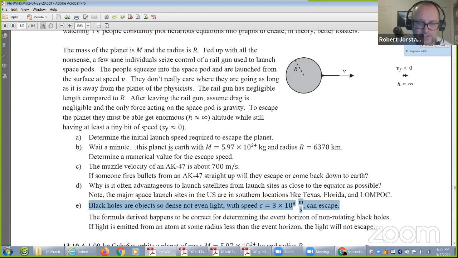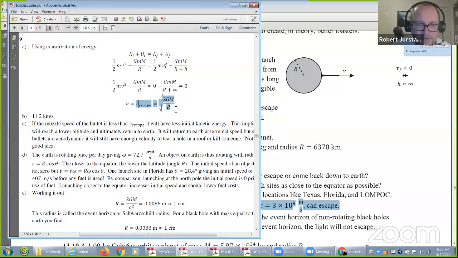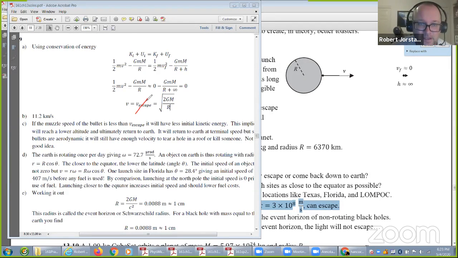So now here's something. Think about this. We just discovered the escape speed. I want to go look at that number really quick. It's right here. That gives you the escape speed from a planet. Now think about this. You could work this out a different way. What if you set this to the speed of light? That gives you a constraint on essentially the density of the planet, right?